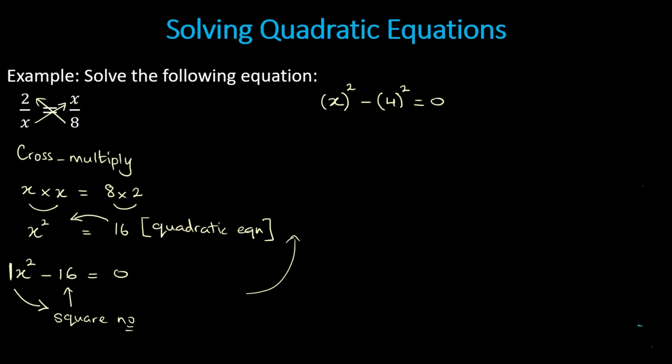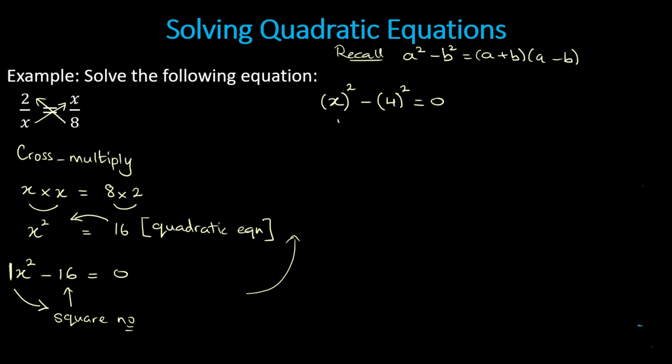Why have I written the expression like this? Because if you recall, we know that when we factorize a squared minus b squared, we obtain a plus b times a minus b. So in our case, instead of the a we have x, instead of the b we have 4.